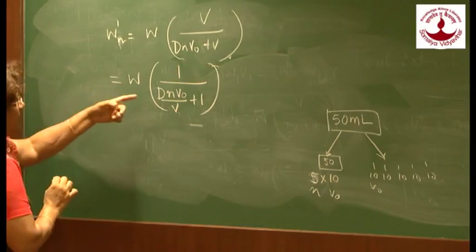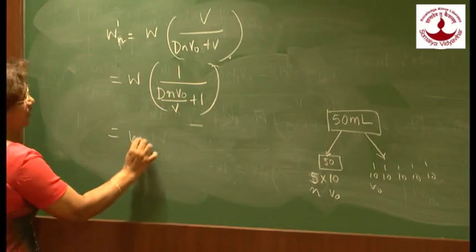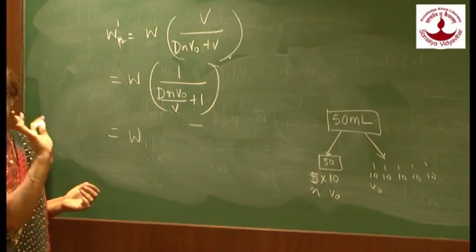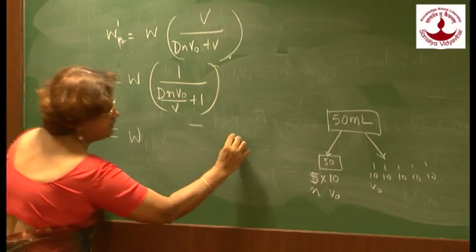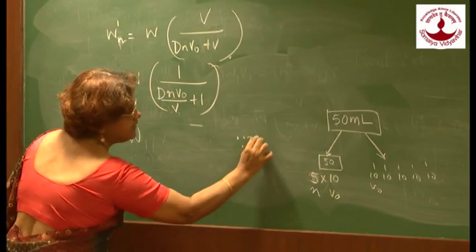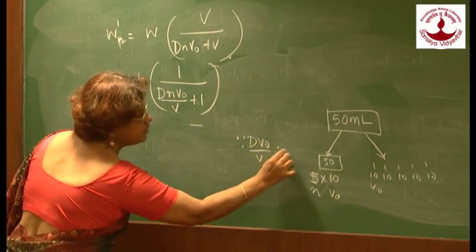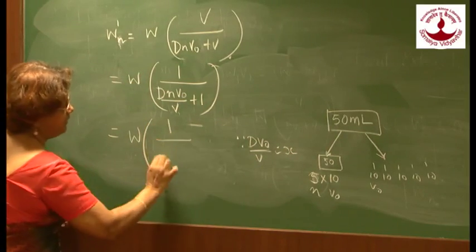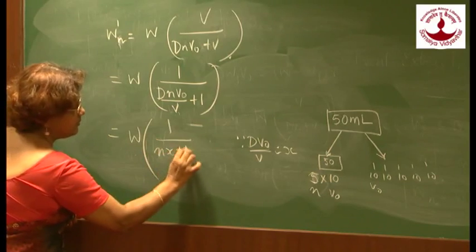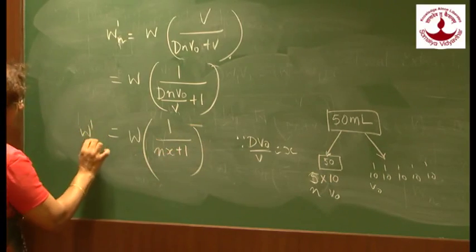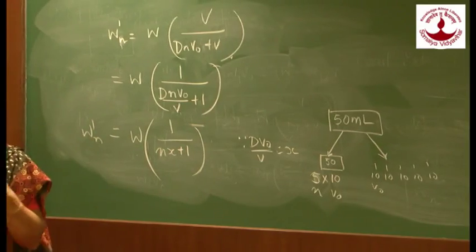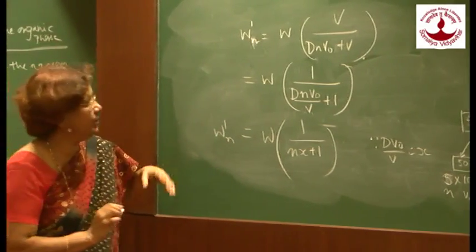Further, we put D VO by V equal to X. Since D VO by V is equal to X, W dash N equals W times 1 upon N X plus 1. This is the scenario where the entire volume is used in one go.